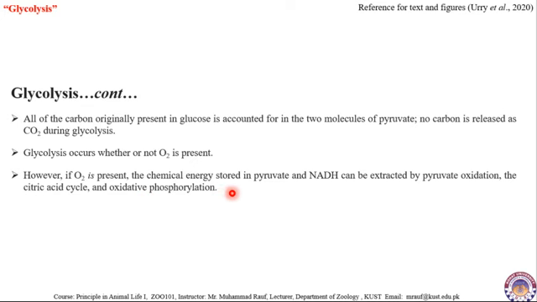Now once glycolysis comes to its end and 2 pyruvate molecules are produced, if oxygen is available, then these pyruvate molecules convert into acetyl coenzyme A through oxidative decarboxylation, and then this acetyl coenzyme A enters into the Krebs cycle.